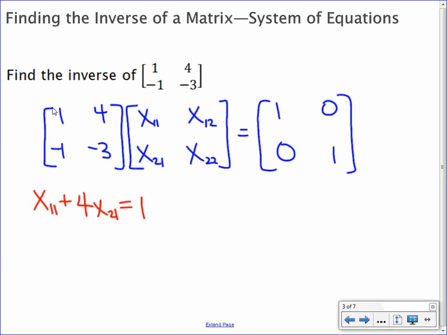If I take first row, second column, I get x sub 1,2 plus 4 x sub 2,2, and what should that equal? 0, first row, second column.